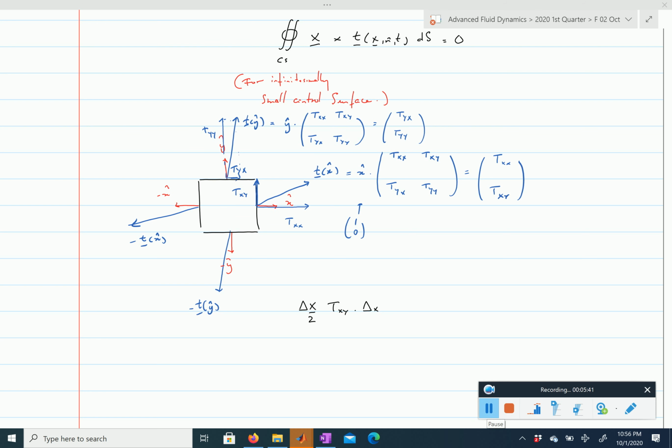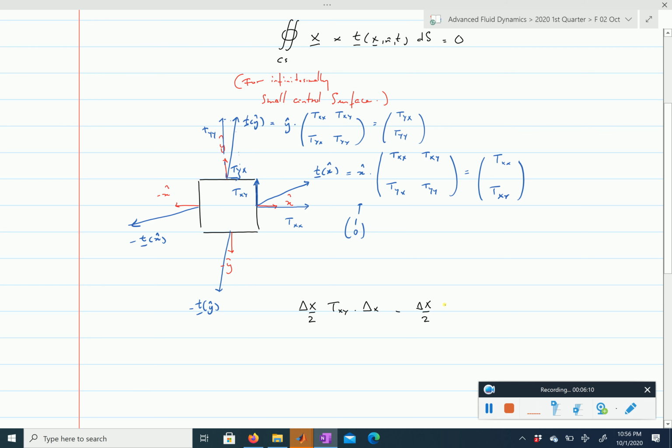If we look at the torque contribution of this surface to the angular momentum equation, it will be this lever arm, again delta x divided by 2, times tyx, but now the torque is going in the other direction, so that will be minus delta x divided by 2. The only force component that contributes to the torque is tyx; tyy doesn't contribute.